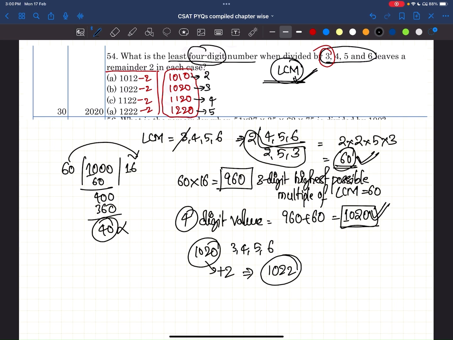That means if the number is divisible by 3, the sum should be a multiple of 3. See here, this is not a multiple of 3, this is not a multiple of 3, this is also not a multiple of 3. See, only this is satisfying the given problem. That means the answer is 1022. Right? This is the simplest way of solving the question.